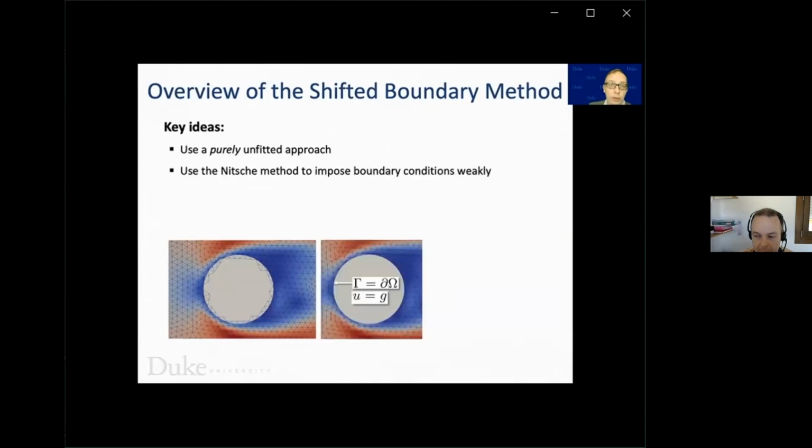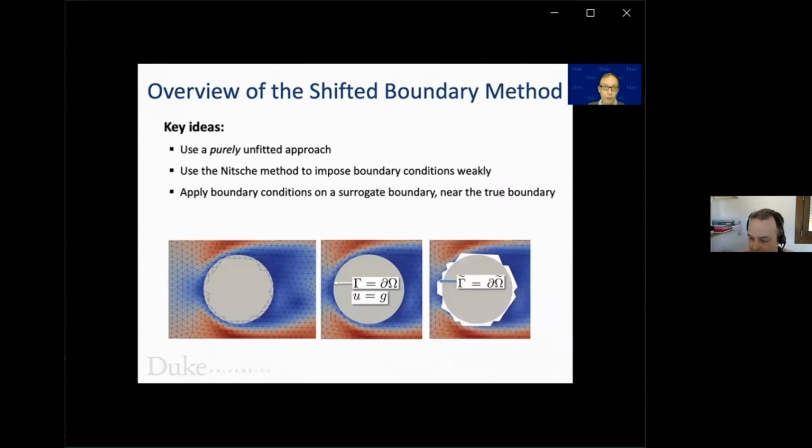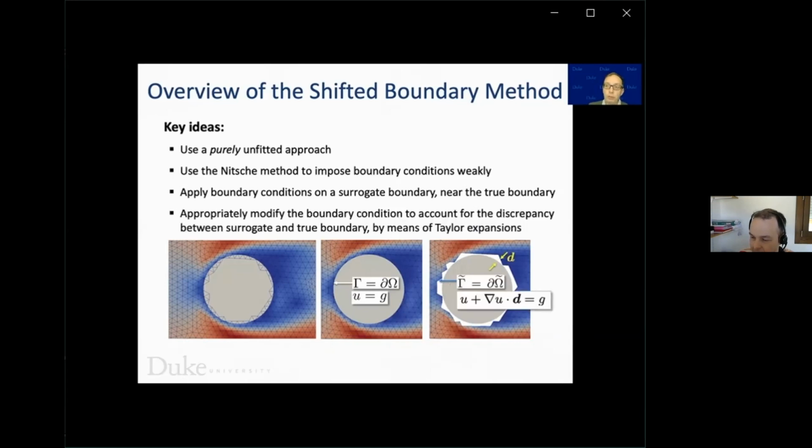When considering the key ideas of the shifted boundary method, as I said, it is an unfitted approach. We use Nitsche's method to impose boundary conditions weakly, and we apply boundary conditions on a surrogate boundary near the true boundary. As you can see here, we define the surrogate boundary as gamma tilde, and this surrogate boundary is in proximity of the true boundary gamma, and we have a distance vector d that measures this distance.